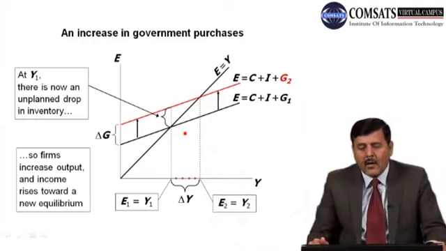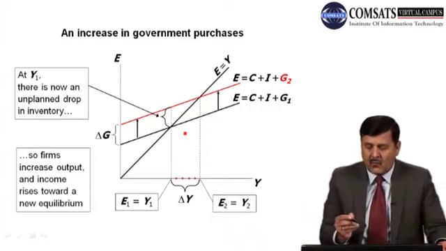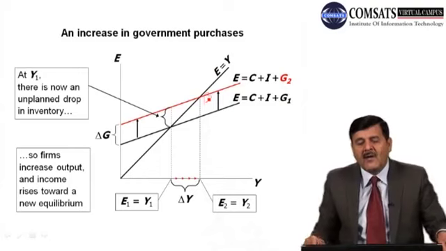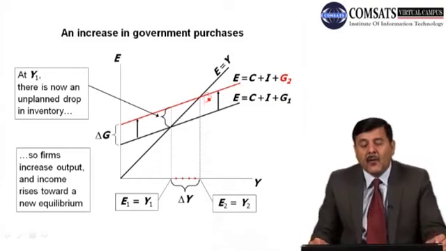Now the economy is at a new equilibrium, where this new line is intersecting. Suppose we call this point B. At point B, income level has gone up from Y1 to Y2, and of course E2 is equal to Y2.